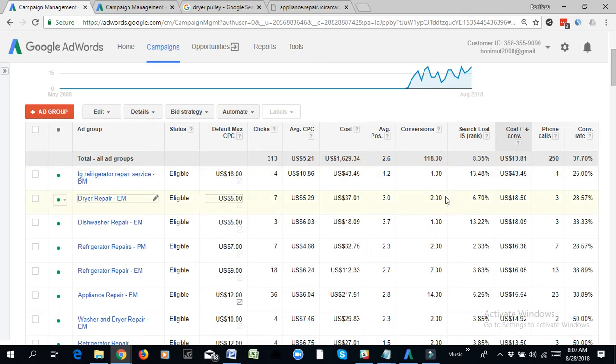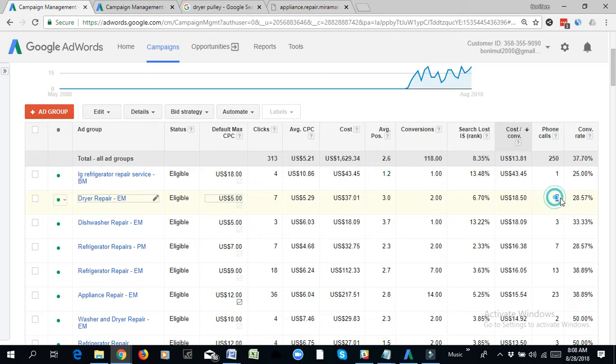Just to give an example, this one shows two conversions and the cost per conversion based on these two conversions is $18, and here we have three phone calls, which indicates that the third phone call could be another conversion that is missing here. So there's that possibility, but you can't be 100% sure, but we take that into account sometimes when trying to determine if whatever cost per conversion we have here is correct.